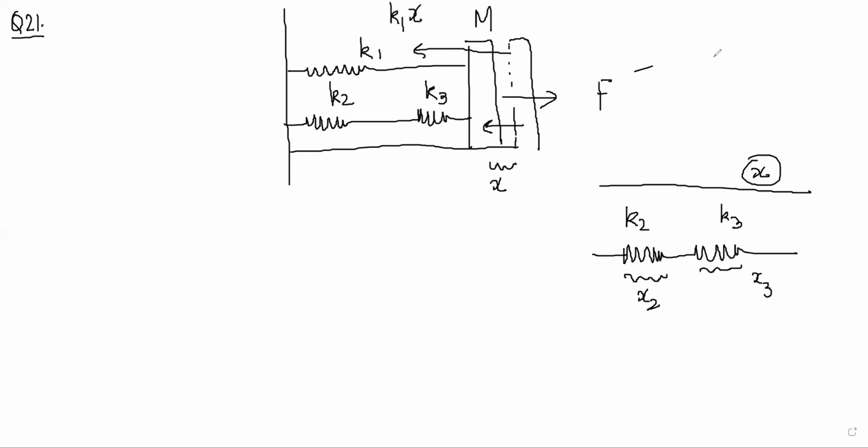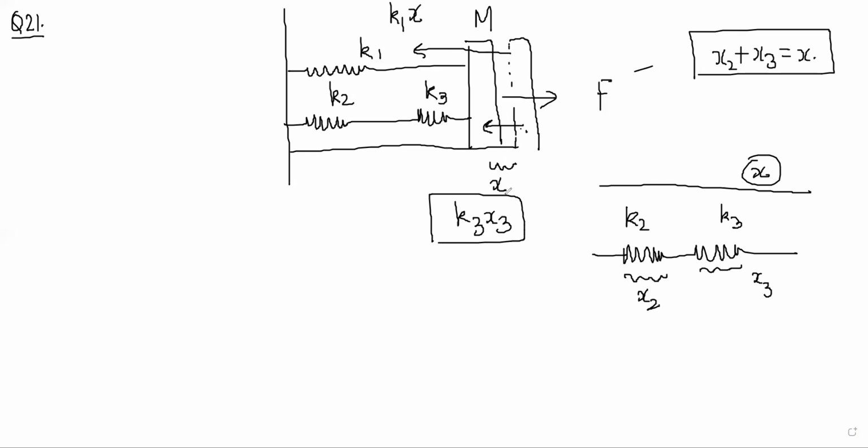So you should have X2 plus X3 is equal to X. And the actual restoring force that the block faces is going to be K3X3, because it is connected to the K3 spring, not to K2. So total restoring force, F restoring, is equal to K1X plus K3X3.